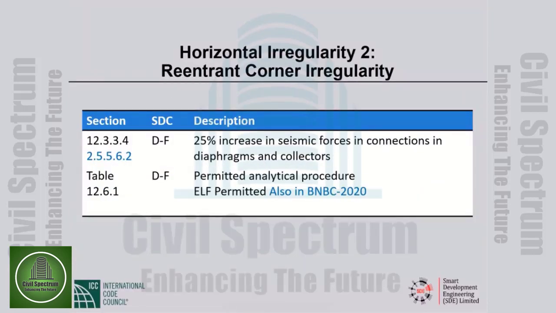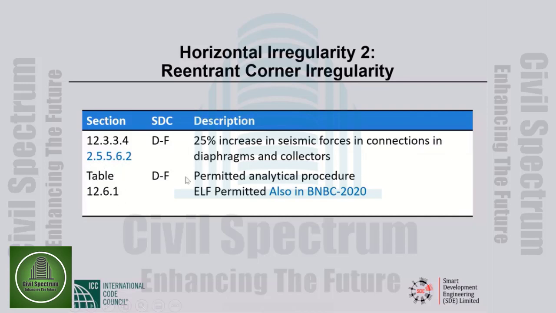Now there are two items in AC 705 that are triggered, that are invoked. One requires 25% increase in seismic forces in connections in diaphragms and collectors. This is BNBC section 25562, no difference between the two documents.